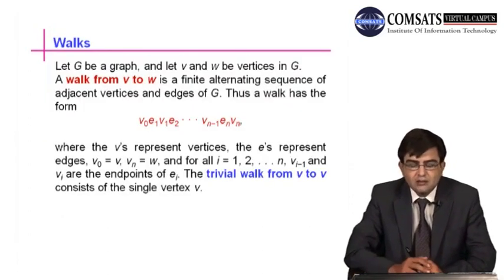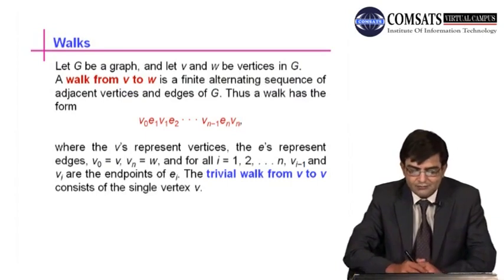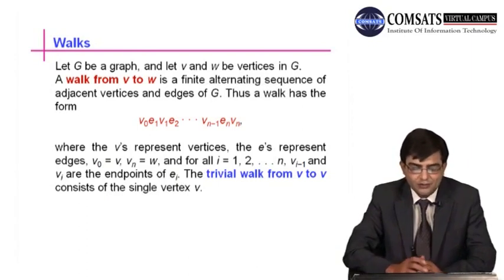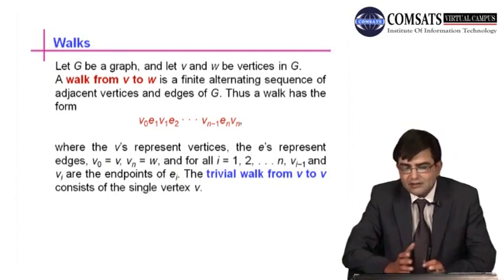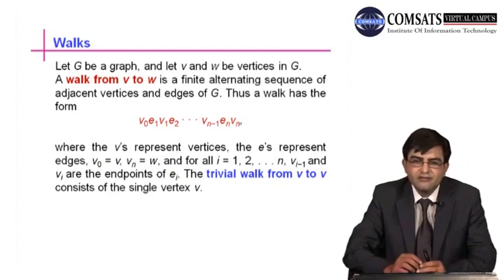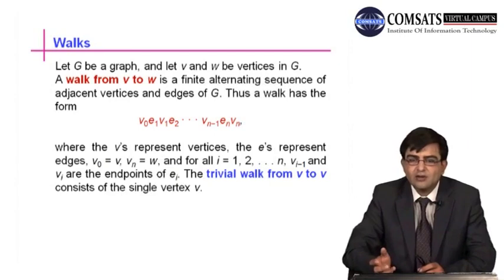Now, what is a walk on a graph? This is not a usual walk which you do in parks and in your homes, in your offices, but it's a concept of a walk in graphs. That is, how we can travel from one vertex to some other vertex, or from one vertex to the same vertex in the graphs.